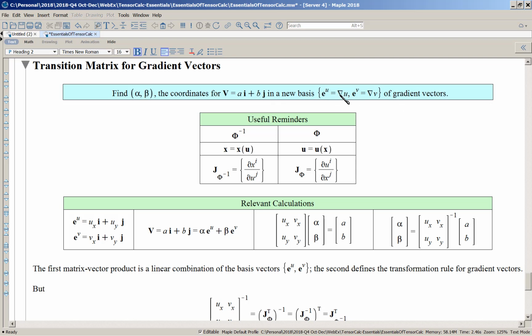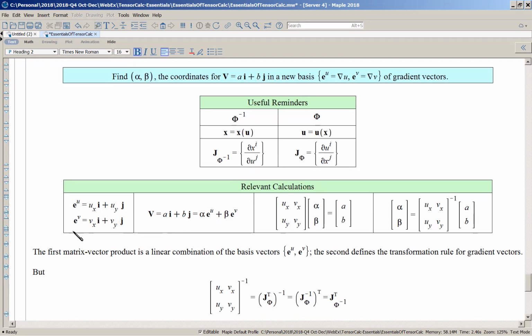Remember, gradient vectors, we use superscripts. Again, useful reminders. Phi inverse and phi. X is a function of u is a function of x, Jacobian matrix of the inverse transformation, dxi duj, and of the forward transformation, dui dxj.